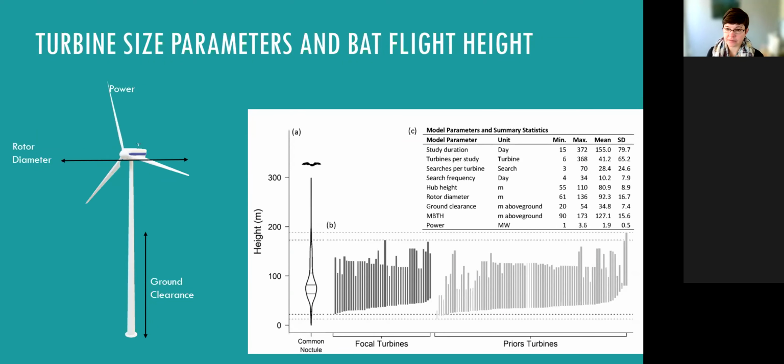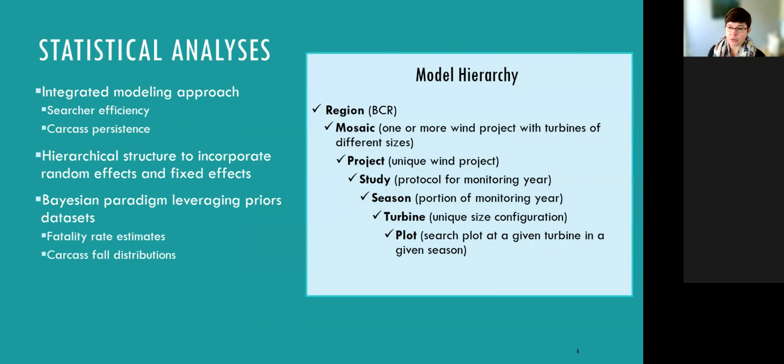Next slide. As I mentioned briefly, we used this integrated modeling approach where we incorporated searcher efficiency and carcass persistence data to generate fatality estimates, as opposed to taking the published fatality estimates from these individual studies. We had this hierarchical model so that we could look at these different scales.